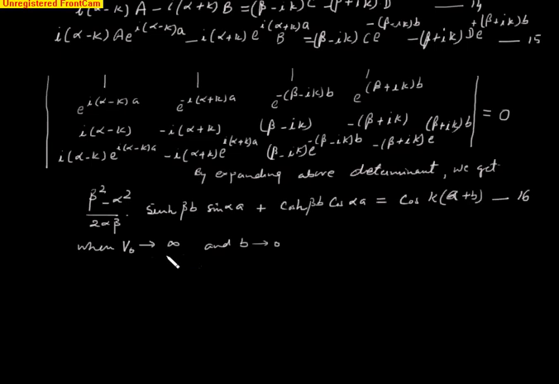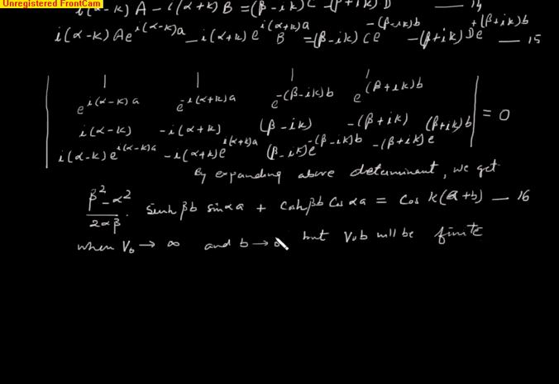Okay, so it means V naught will tend to infinity and b tends to 0. That is the condition, but the restriction is that the product V naught times b will be finite.